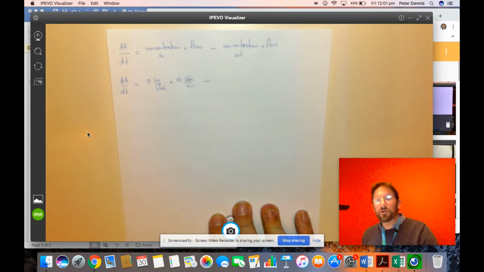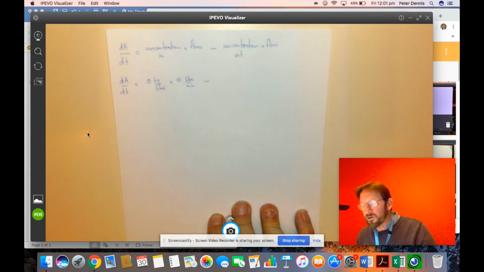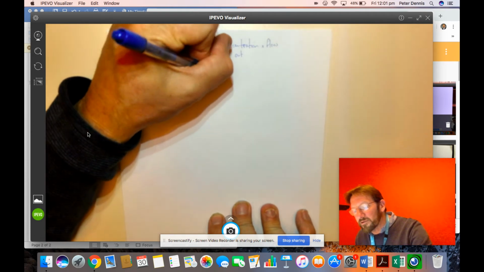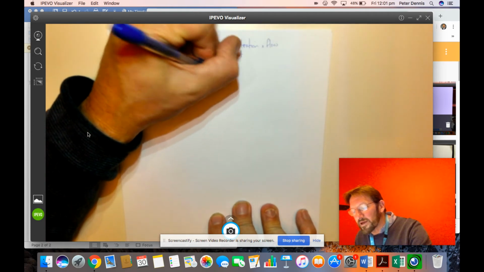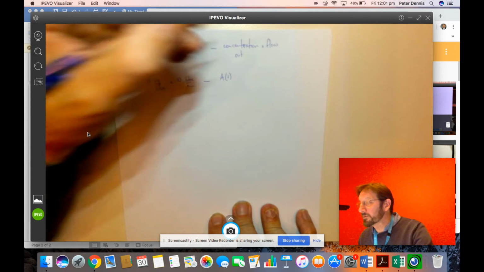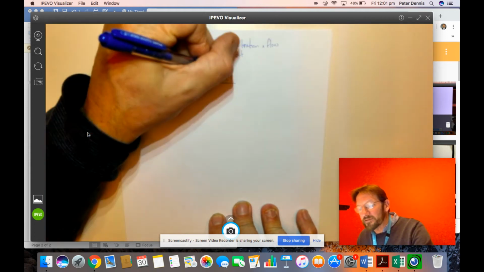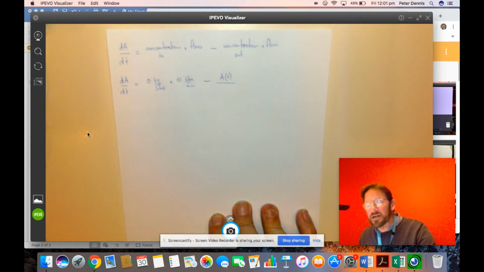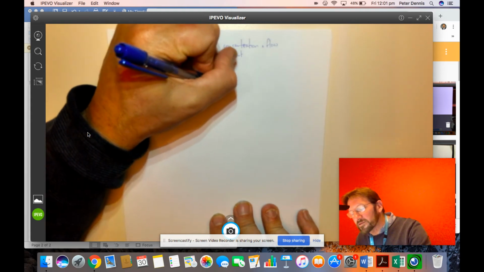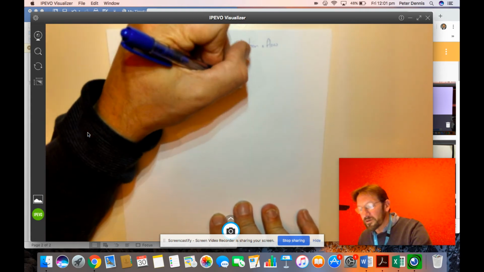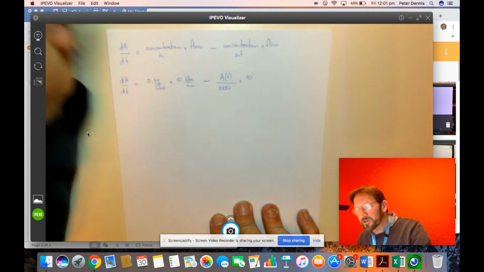Minus the concentration going out. Now, we don't know what concentration's in there. What is the amount in there at any given time? So this is A of t. That's the amount of salt. How much water is in it? It's 1,000 because it's not changing. Times the flow rate, which again is 10.